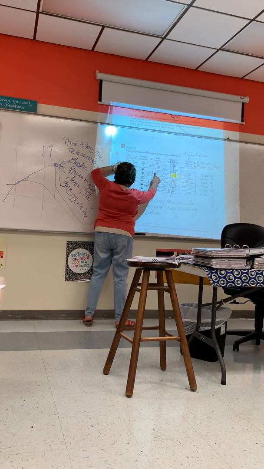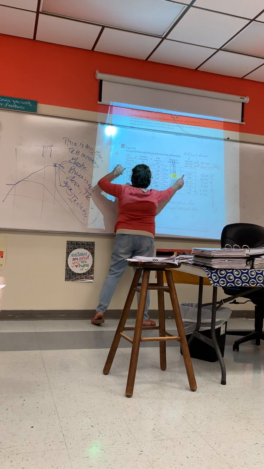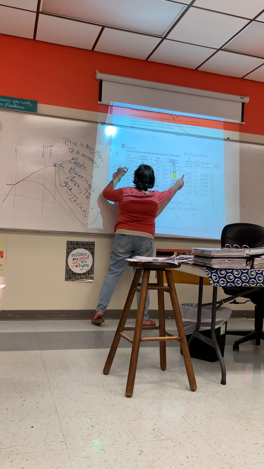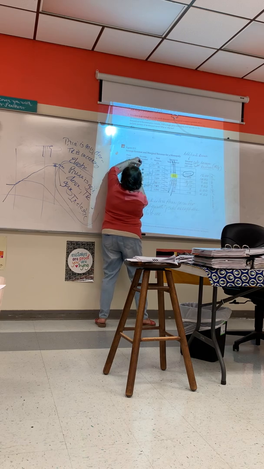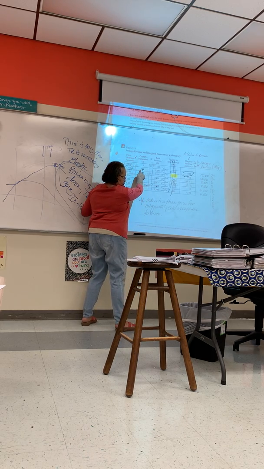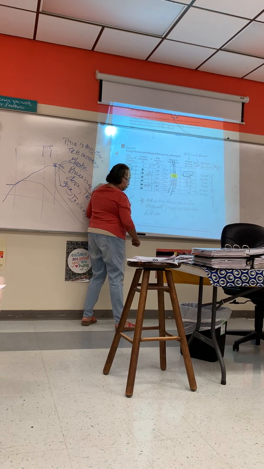By selling this one, my marginal revenue is 12. But my marginal revenue and price are only going to be the same for the first unit. Only for the first unit, not any units after that.